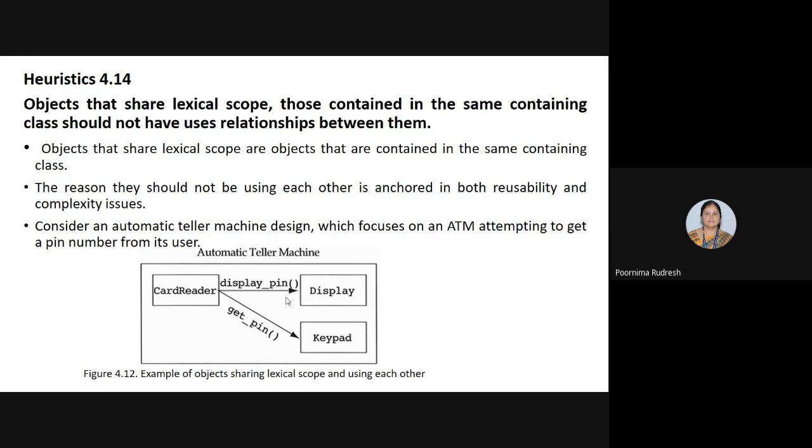The user has to enter the PIN number by using the keypad, right? After that, the processing takes place based on the entered PIN number. If it is correct, then from the ATM you can get the money, or the ATM machine dispenses the cash. Then the user can collect the cash, right?